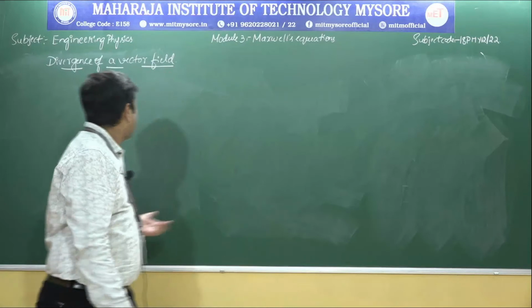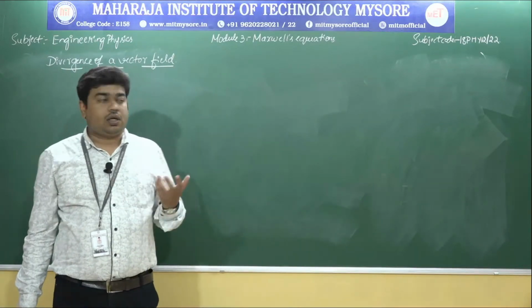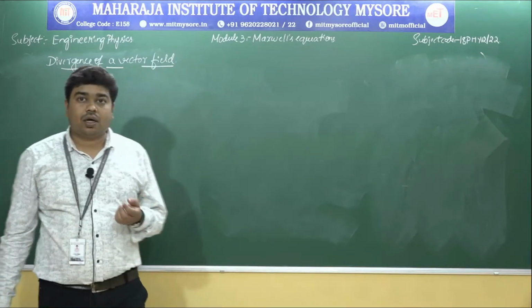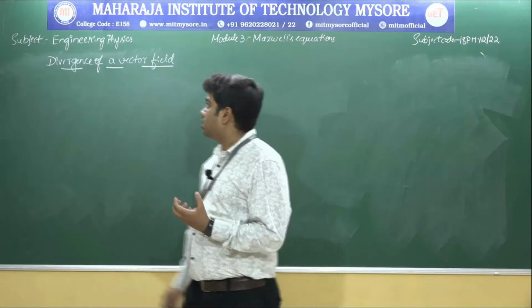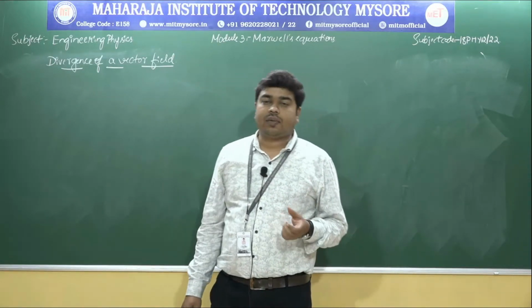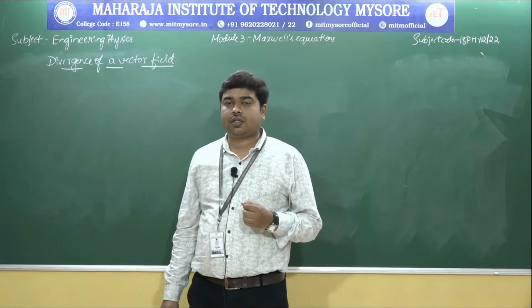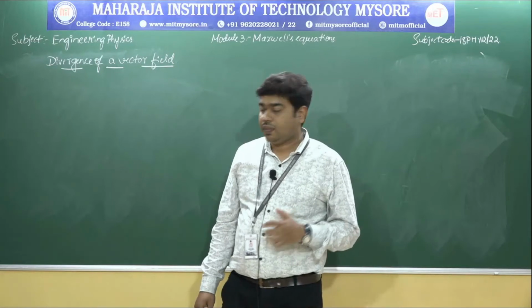Next topic is divergence of a vector field. So, let us see what is meant by divergence of a vector field. In order to describe the divergence of a vector field, let us consider a vector field A, the magnitude and direction of which is a function of the position coordinates at a certain point inside that vector field.